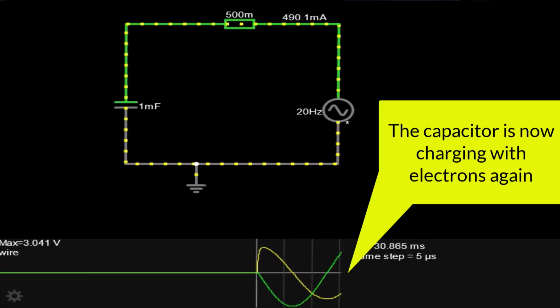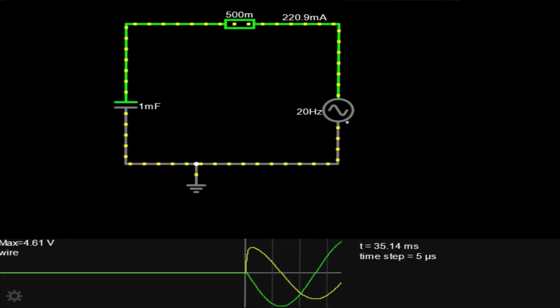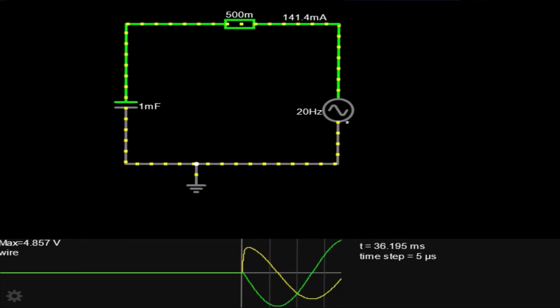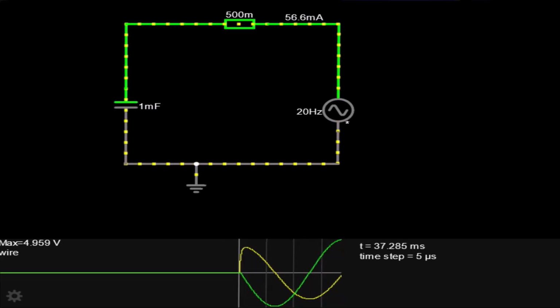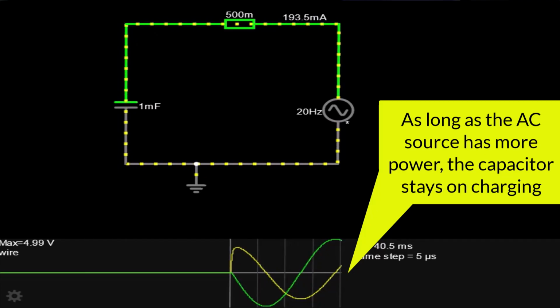Now you see the voltage going completely up again, so it's completely in the positive field, and now the current is changing for the capacitor, so it's charged already and it's already giving some current.